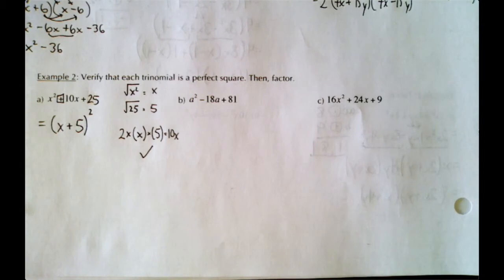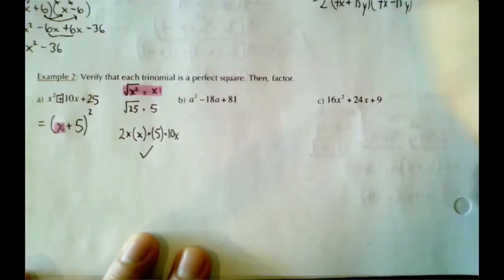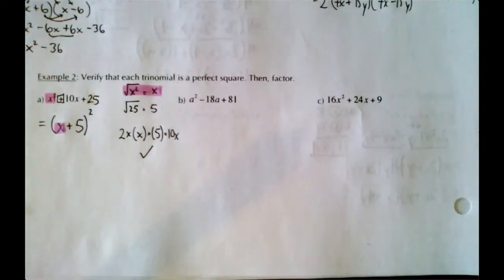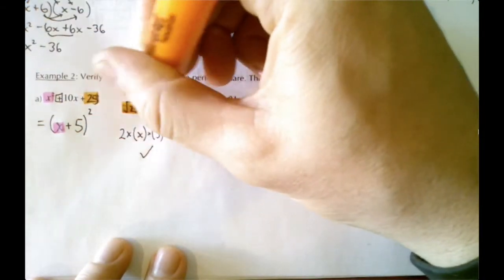All right. Let me grab some highlighters so I can show you where all that comes from. So the x in our answer comes from square rooting x squared, which is our first term. The 5 comes from square rooting the 25.